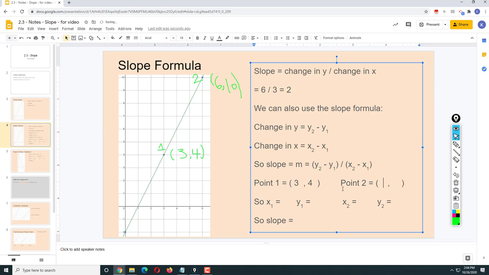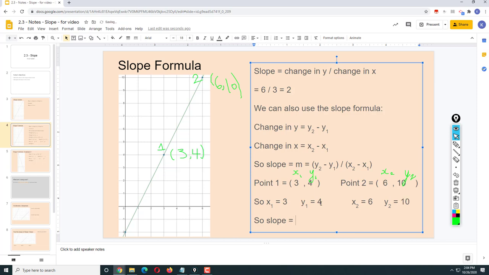Point 2 is 6, 10. The first number is always x, the second number is always y by convention. So that means that this is x1, y1, x2, y2. So x1 is 3, y1 is 4, x2 is 6, and y2 is 10.